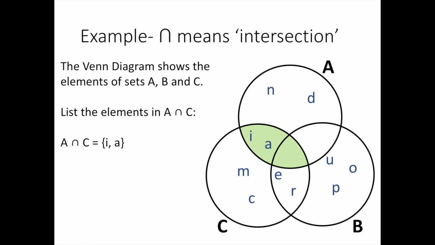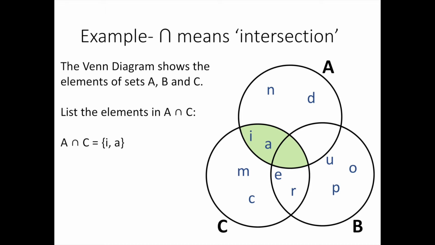The second bit of set notation that you're going to learn is the intersection symbol. In this case, it looks like an upside down U or perhaps a small letter N. This symbol means intersection. So we have the same Venn diagram here with sets A, B and C with elements which are the lowercase letters.